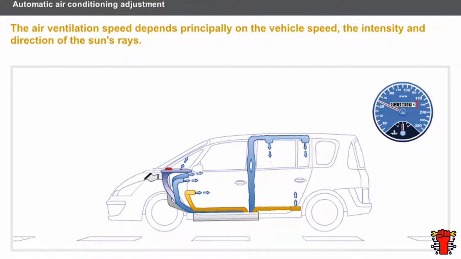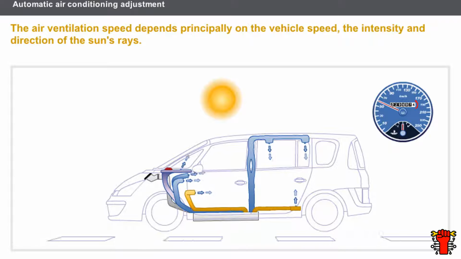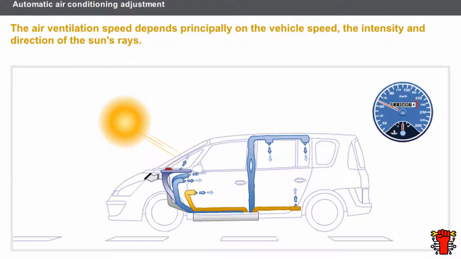We shall now look at how the air conditioning computer adjusts the air ventilation speed. The air ventilation speed depends principally on the vehicle speed and the intensity and direction of the sun's rays. If the sun is shining directly onto the windscreen at a high intensity, the solar radiation sensor informs the air conditioning computer.